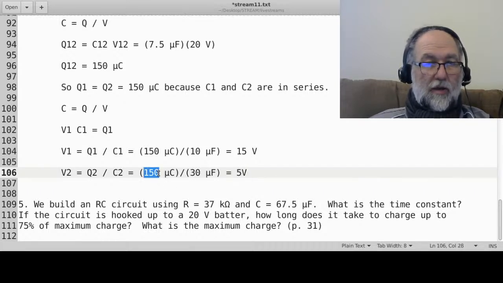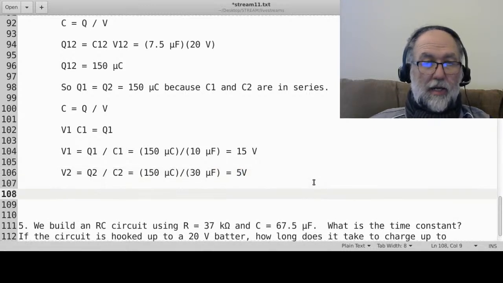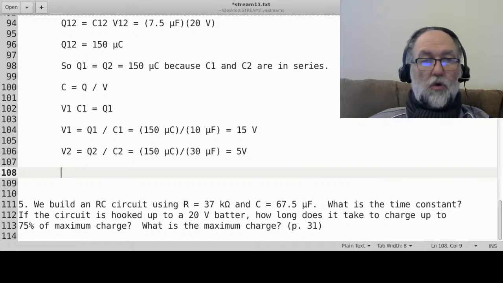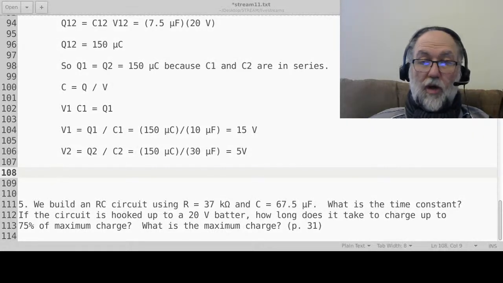Again, the 150 divided by 30 gives you 5. The micro divided by micro, that's like 10 to the minus 6 divided by 10 to the minus 6, gives you just 1. Coulomb divided by farad is a volt, and ta-da, there you go. So you have the voltage drops across them.